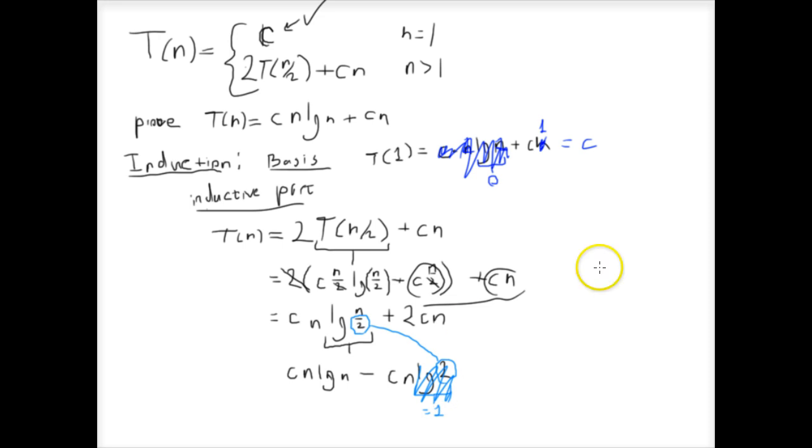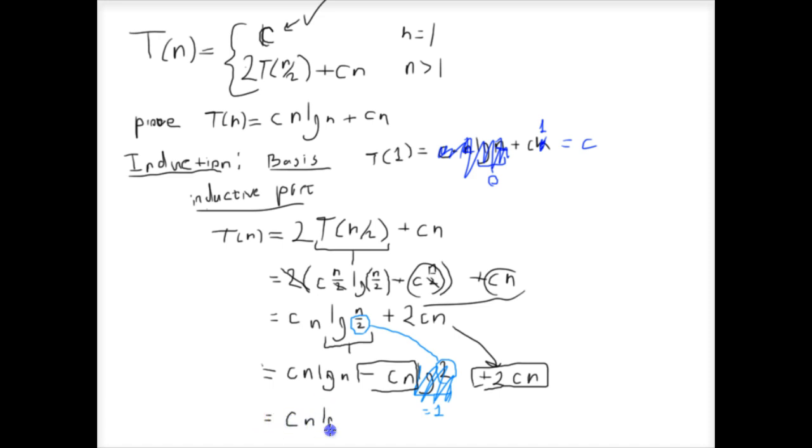So we're left here with cn log n minus cn, and then we're inheriting a plus 2cn from the previous equation. So if we look at the minus cn and the plus 2cn together, we end up with a total of just cn, which is what we're trying to show. I'll write it out.